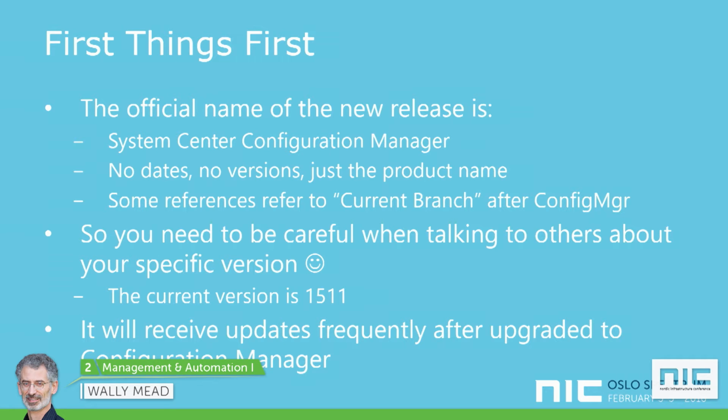So be very specific when you're out on the forums and in community places trying to get support or offer support on the product, that you know whether you're talking about ConfigMan 2007, ConfigMan 2012 and what flavor there, as well as the current version of the product. And this will change. In fact, in the next month or so, it's going to change from 1511 to something else, 1602, 1603, whatever it happens to come up with.